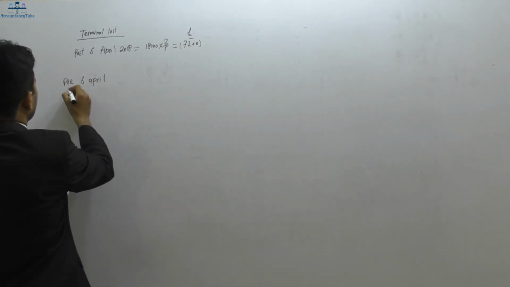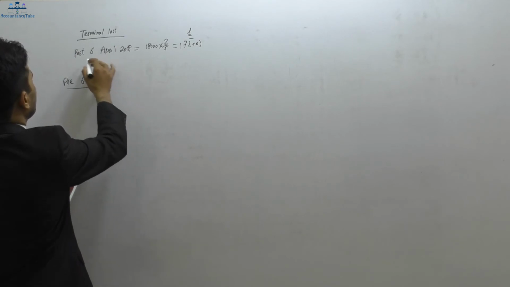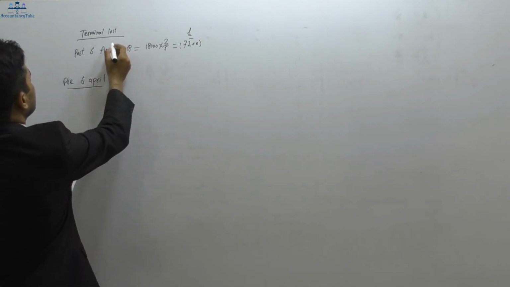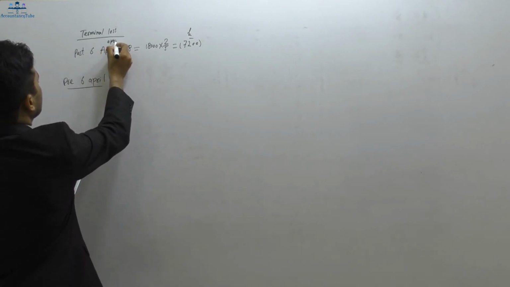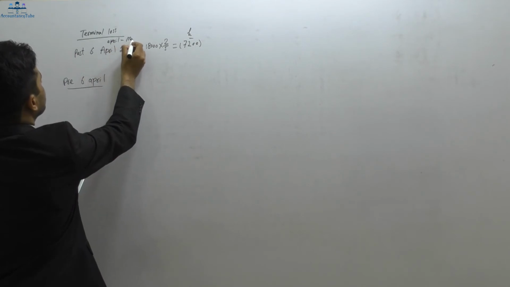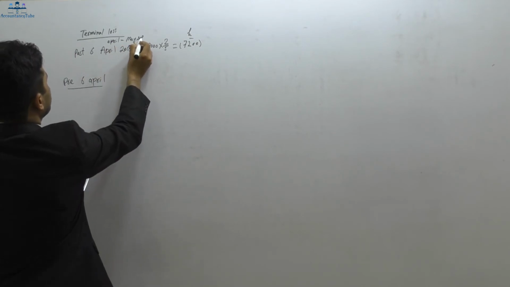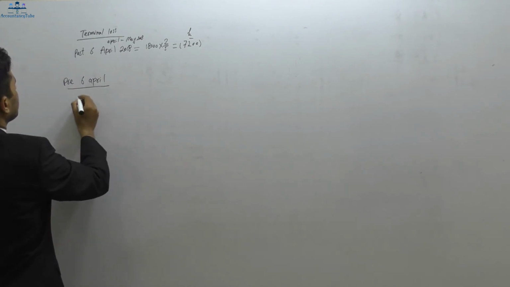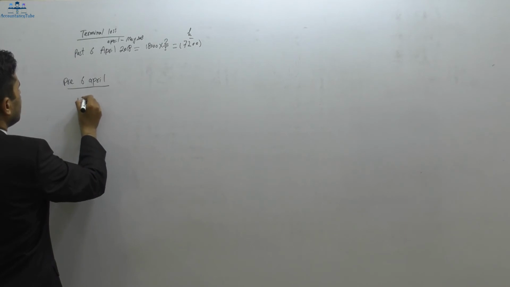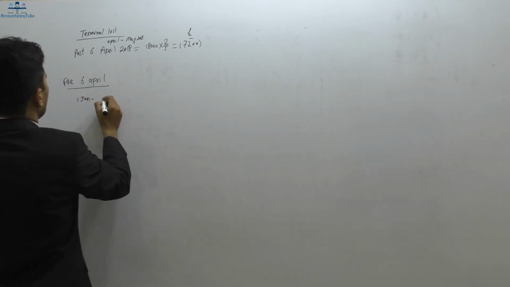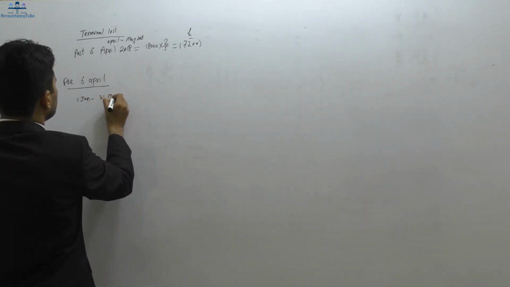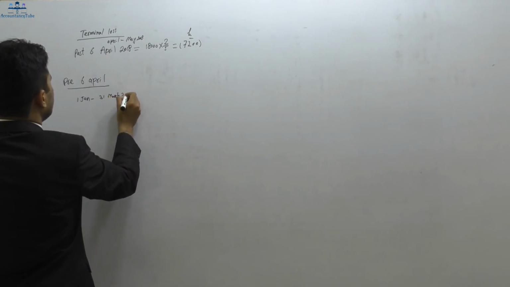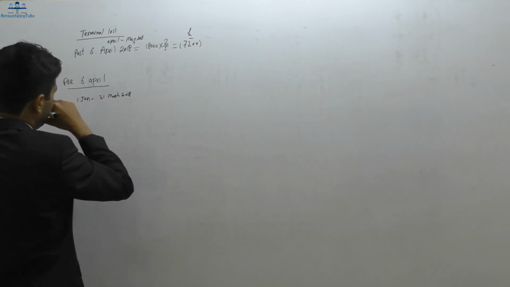Post 6 April is April and May 2018. So in the pre 6 April section, the first period would be from 1st of January to 31st of March 2018.